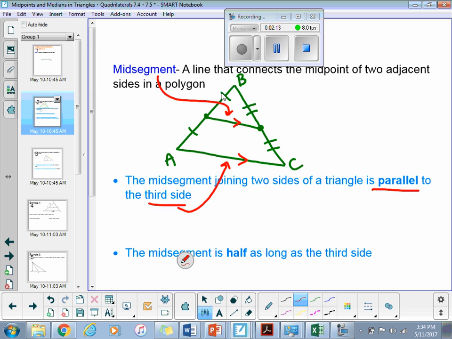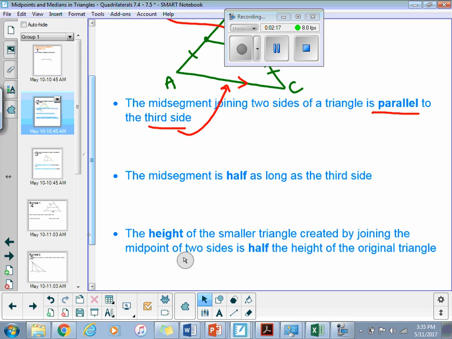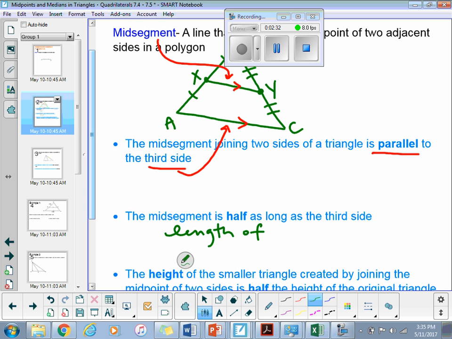And the other thing to note is the mid-segment is half as long as the third side. So if I were to add point X there and point Y, the length of XY is half the length of AC.